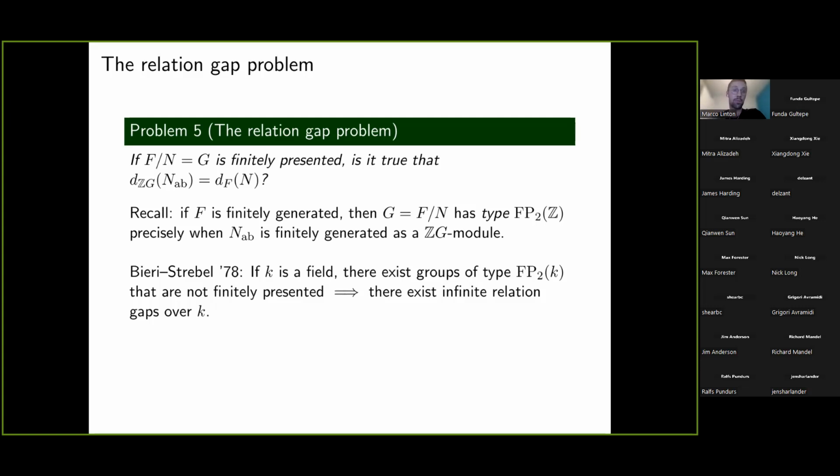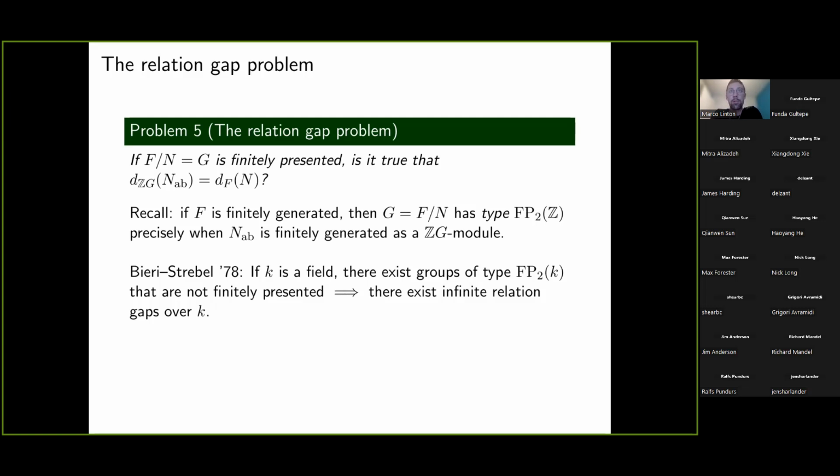They proved, if you have a field K, so you can make this definition with any ring, not just Z, you just tensor the relation module with your ring R, or K in this case, and then you want this relation module over this ring to be finitely generated, and that's the definition of being FP2 over that ring.